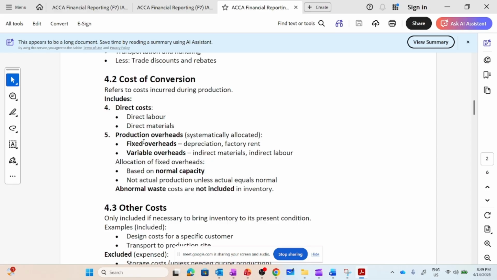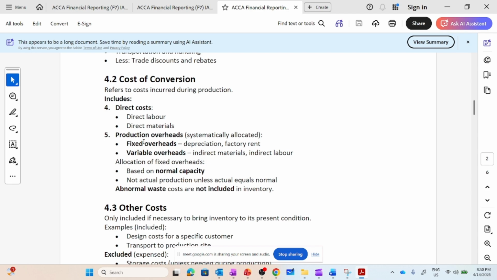Now, for example, the business operates the factory, the manufacturing process in a separate location from the administrative purpose. So now the cost that we are going to incur for the factory, we are going to prorate it, we are going to include it as part of the cost of the asset.